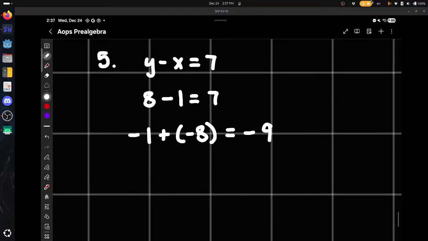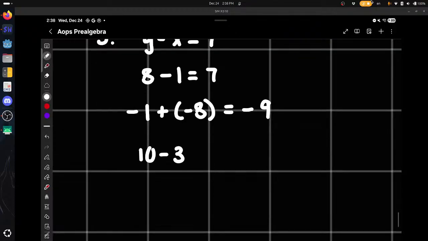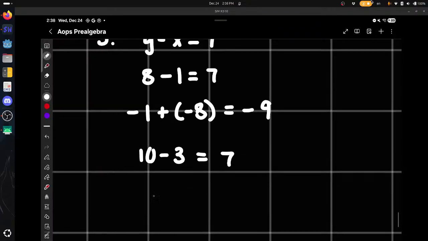I don't know, it's kind of weird because couldn't we also just do 6 or 10 minus 3? That's 7. But then we swap them.